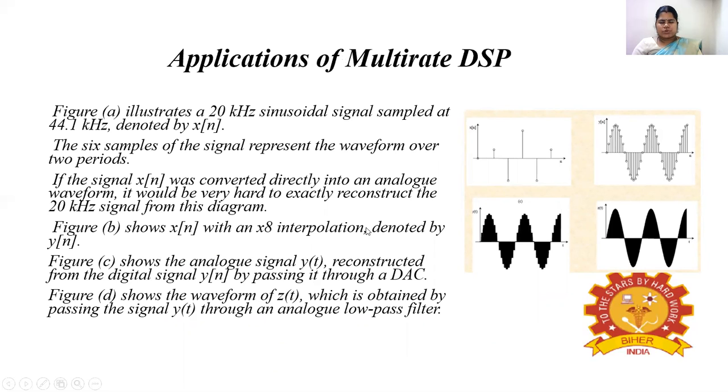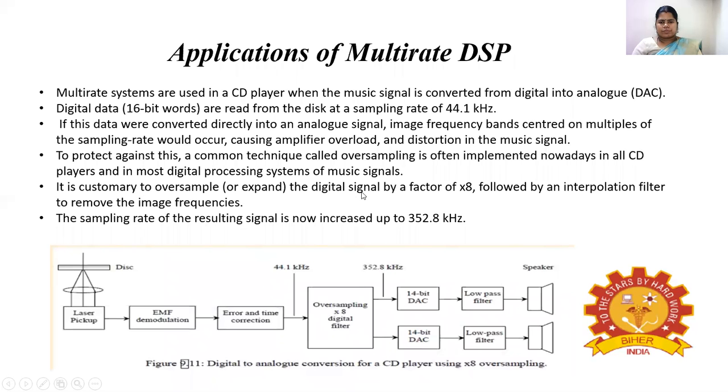Let us see the application of multi-rate digital signal processing. Here we can see the block diagram representation of a digital to analog conversion for a CD player using factor 8 oversampling. This is a multi-rate system used in a CD player when the music signal is converted from digital into analog form.